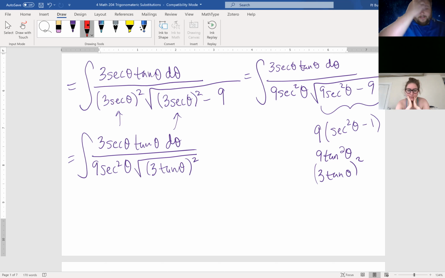So let's start canceling now. I've got a 3 here, which will cancel with that 9 and make that 9 just a 3. I have a secant that'll cancel with one of these secants. This radical will cancel that square.